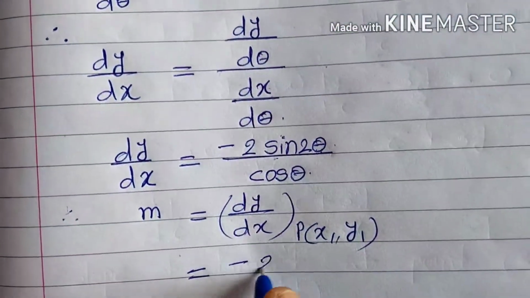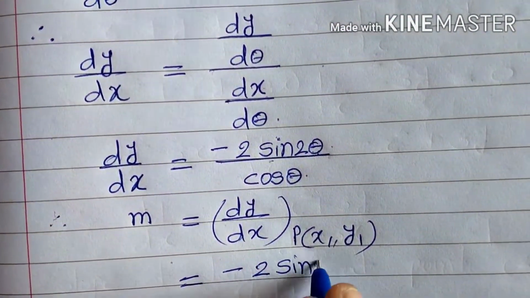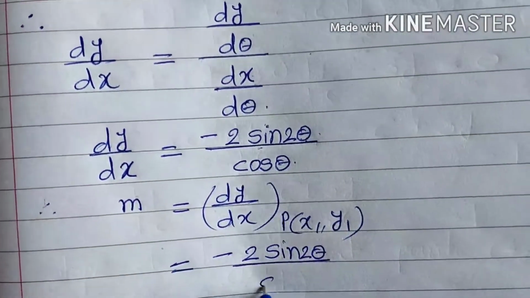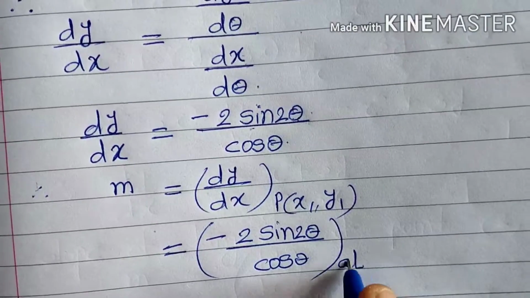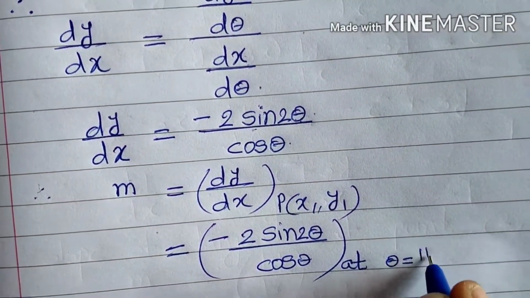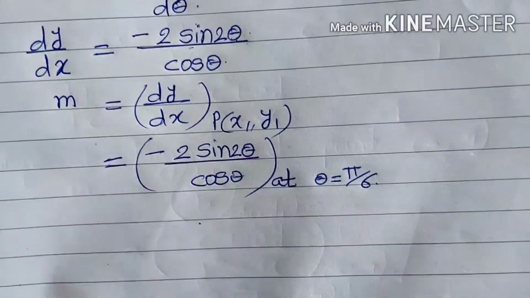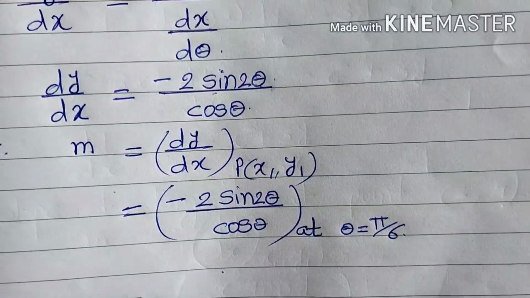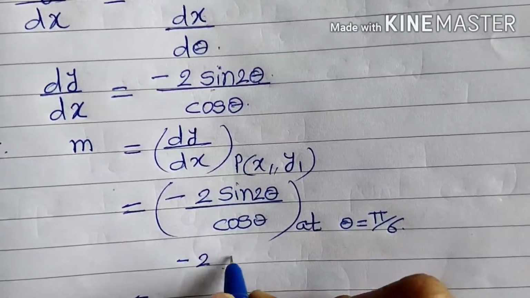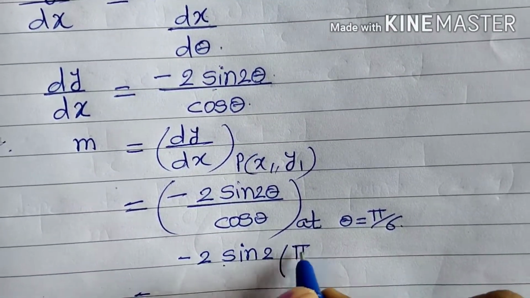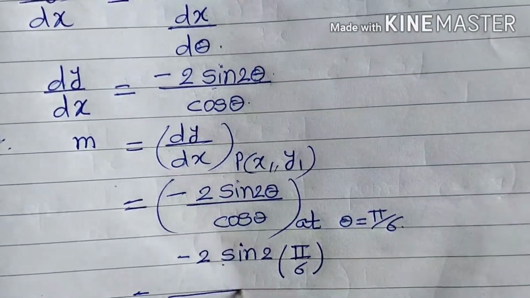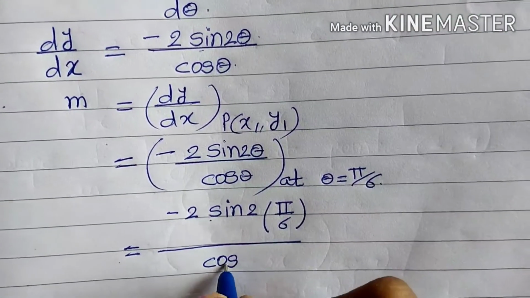So here minus 2 sin 2 theta upon cos theta at theta is equal to pi by 6. Now put the values: minus 2 sin 2 into pi by 6 upon cos pi by 6.